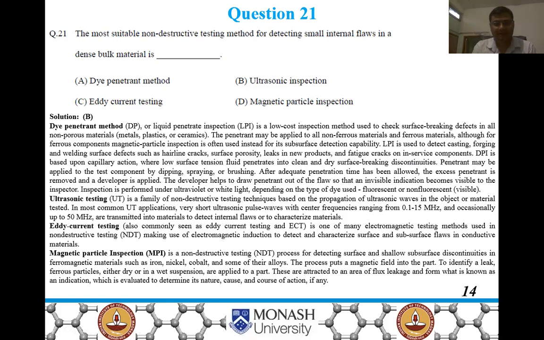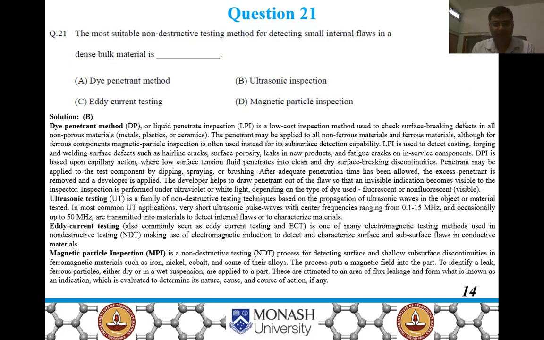DPI, or the dye penetrant method, is based on capillary action, where low surface tension fluid penetrates into clean and dry surface breaking discontinuities. The penetrant may be applied to the test component by dipping, spraying, or brushing after adequate penetration time has been allowed.